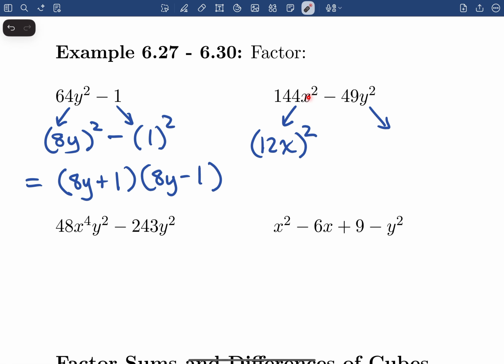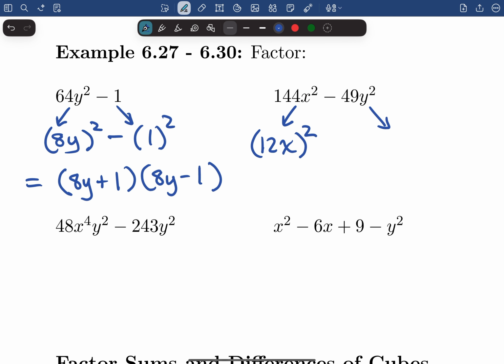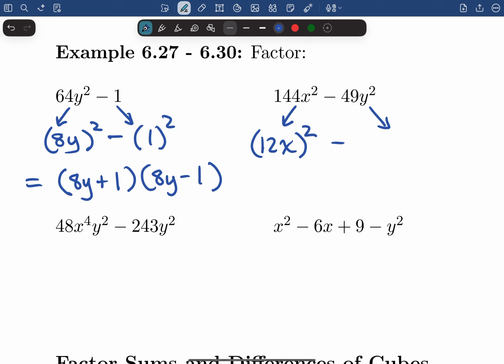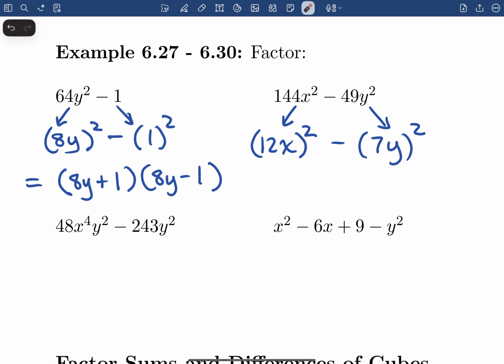When I take x and I square it, I get x squared. Now I see a minus sign. And then when I see 49y squared, my brain would immediately turn this into 7y squared. And your brain does that too now, because when you see 49, you say that's 7 squared, and then y squared is y squared. So this is the difference of two things that are squared.